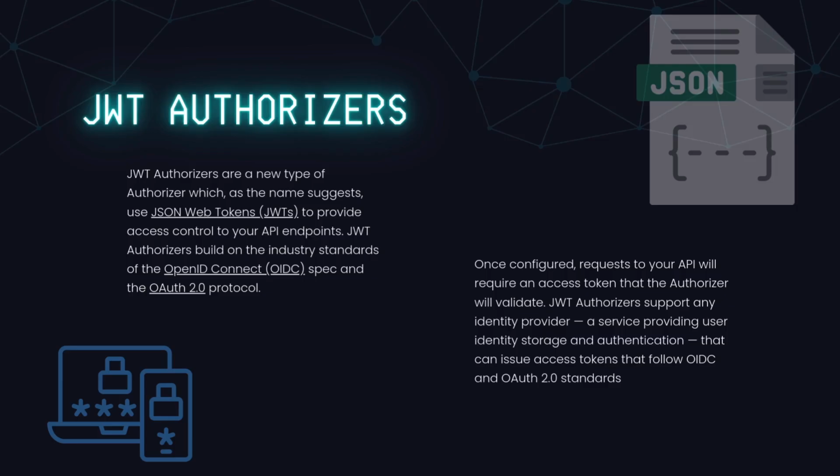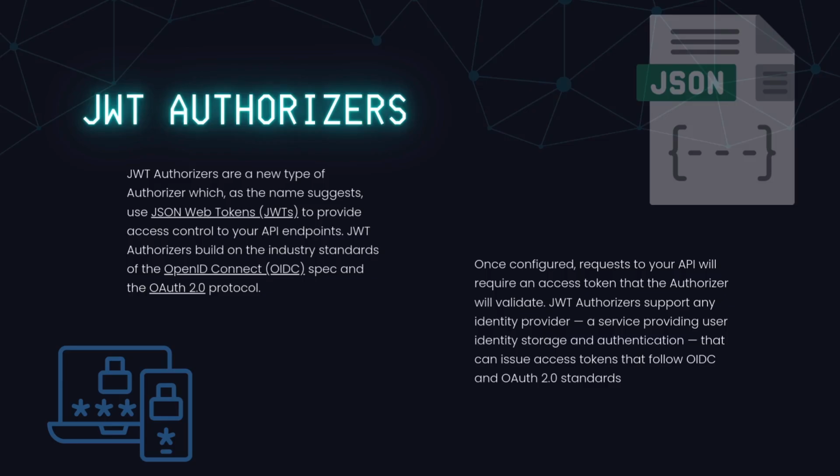And if everything works well, then only your request will be served. So the JWT authorizers support any identity provider, a service providing user identity storage and authentication, that can issue access tokens that follow OIDC and OAuth 2.0 standards, such as Auth0.